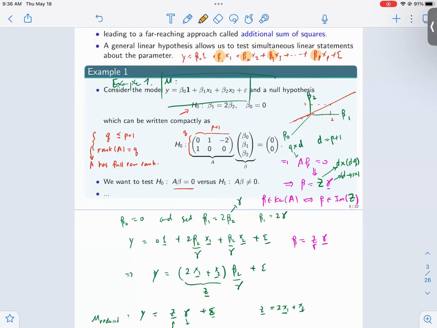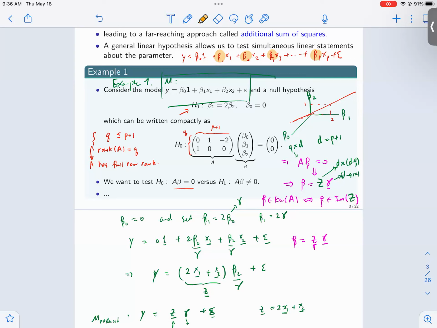Last time we started discussing this idea of doing a hypothesis test for the general linear hypothesis. So we have this hypothesis that puts constraints on beta, right?